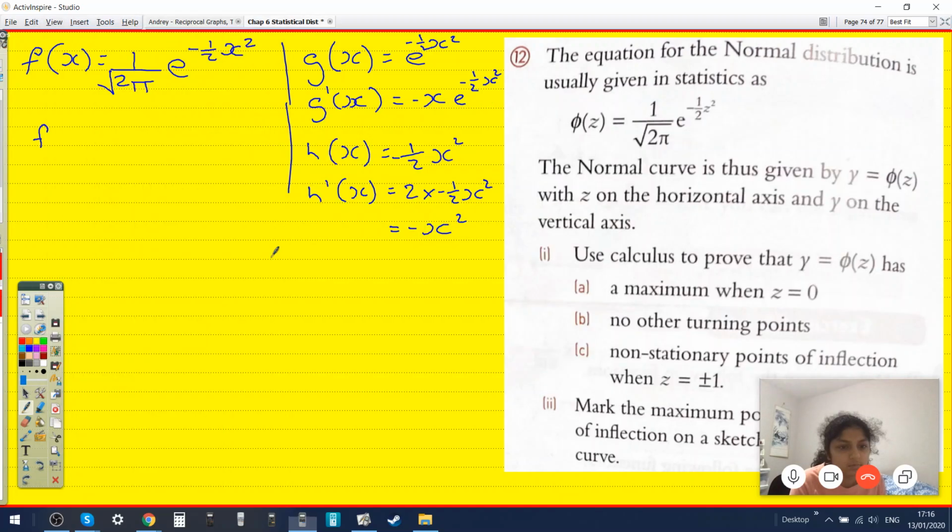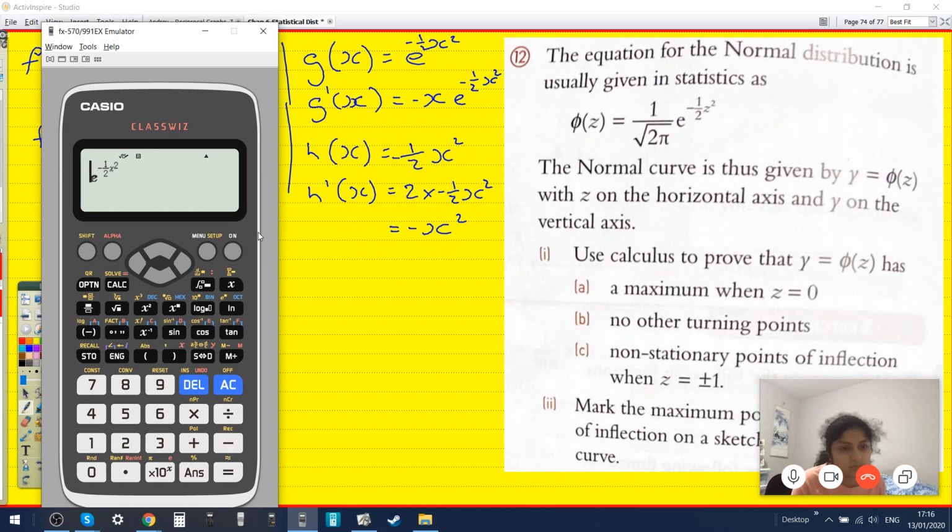So we said the answer for this one, the derivative of that, is minus x e to the minus a half x squared. We both said x there. And I need to replace this x with 3. It should give the same number if it is the same.